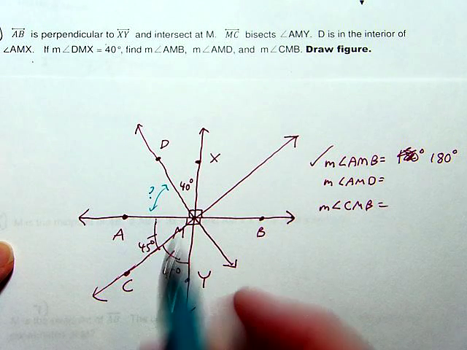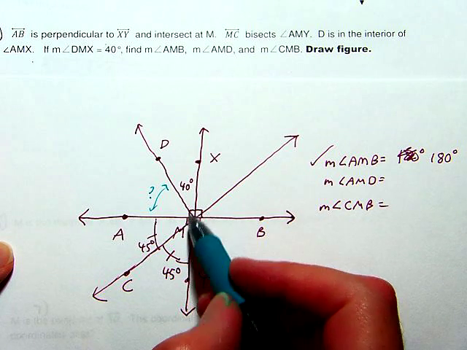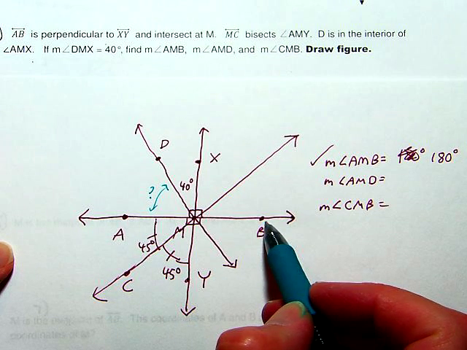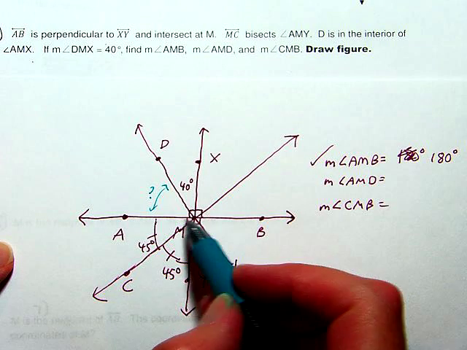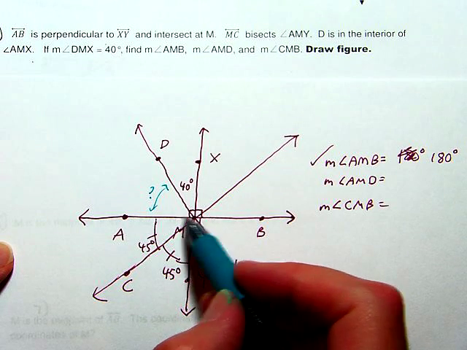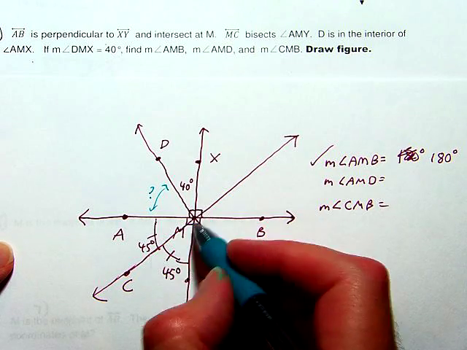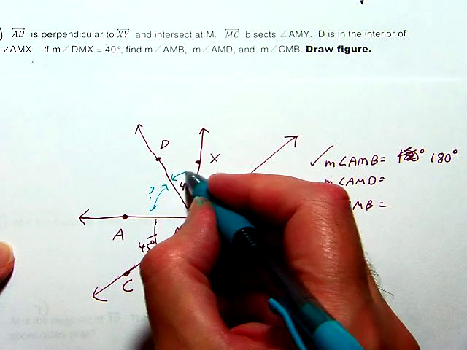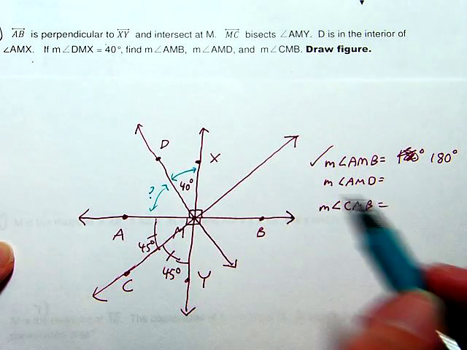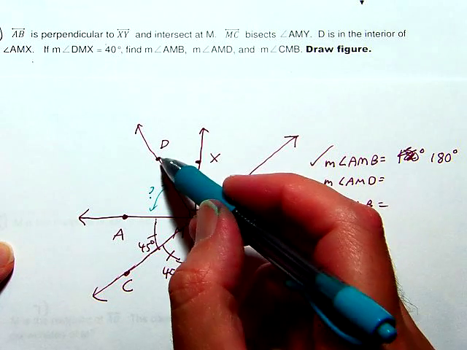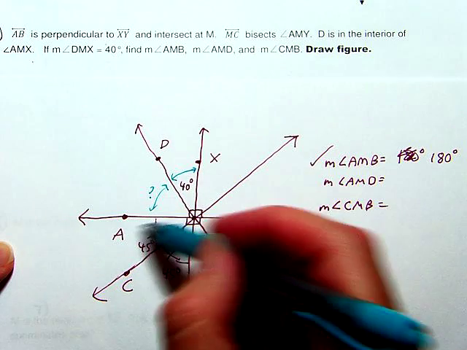Well, remember that there's a right angle over here, that XY is perpendicular to AB, and therefore this quadrant, this angle XMA, is 90 degrees. Well, that angle XMA is equal to XMD plus the unknown angle DMA, or AMD.